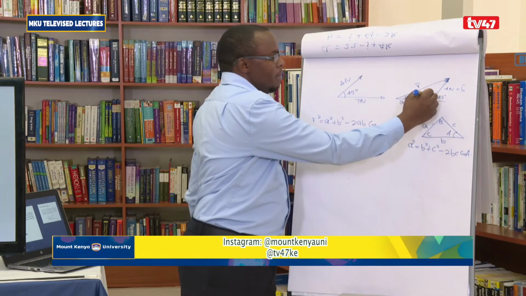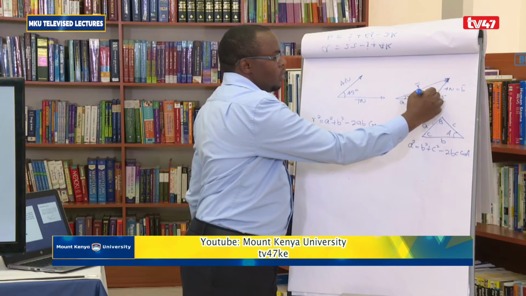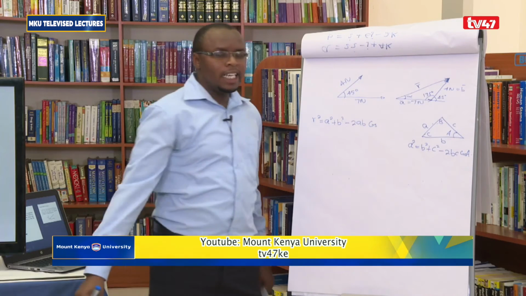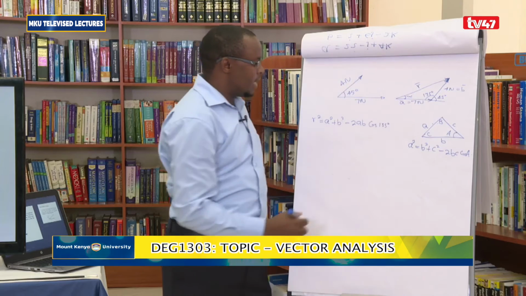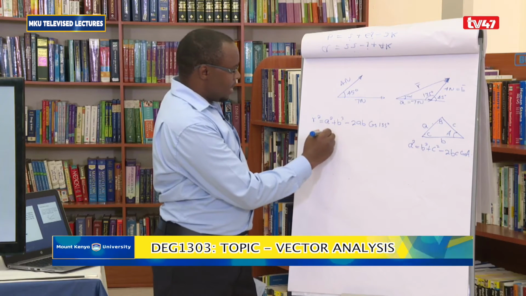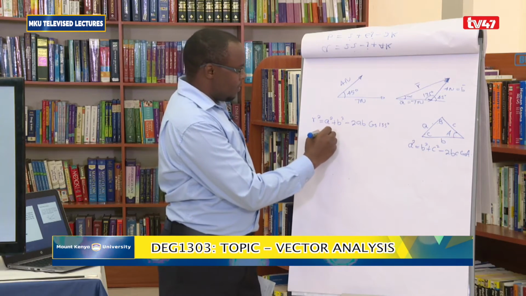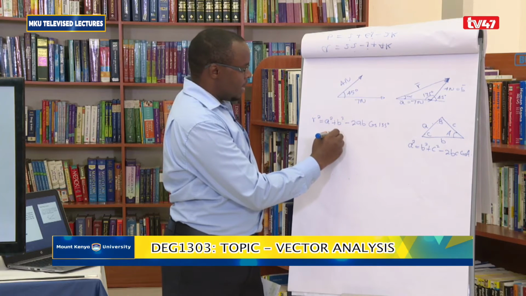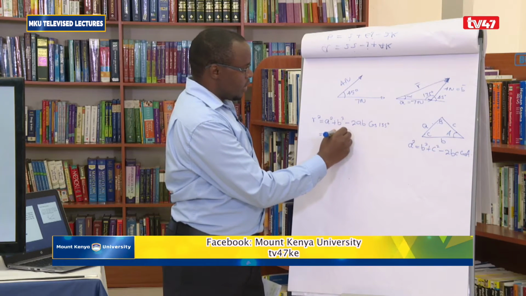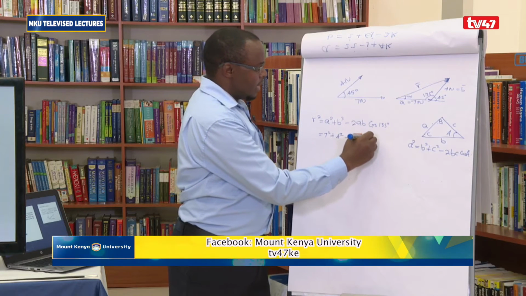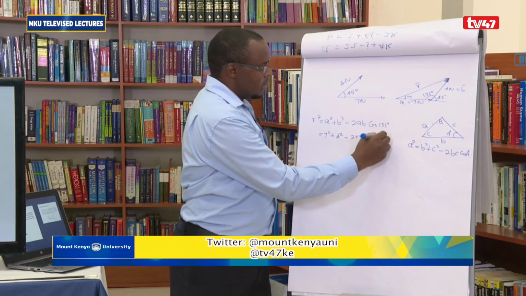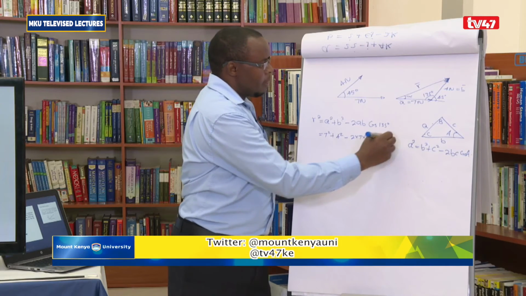If you subtract from 180, you get 135 degrees. So this is cos 135 degrees. And then you replace this with the values. This is 7 squared plus 4 squared minus 2 times 7 times 4, and this is cos 135 degrees.